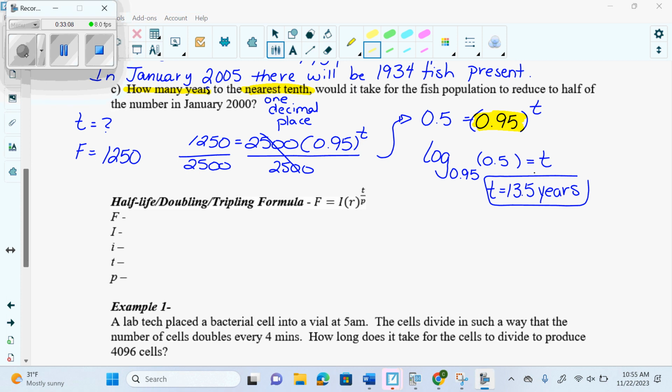Is that actually good? Okay, so here I should be an R. That was a typo. So here, half-life, doubling, tripling. It's an R because that was 1 plus an interest rate or 1 minus an interest rate in the previous one, correct? Now it's just an R because let's think about it. If I say that something is doubling, what is something doing if it has an increase or decrease?